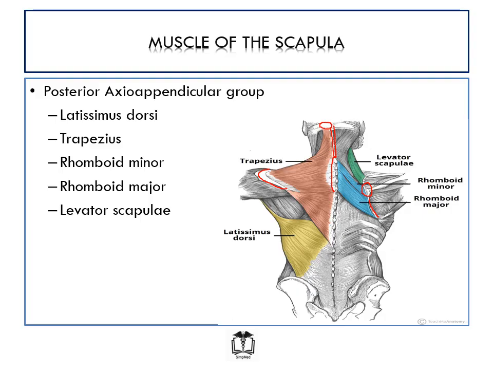And finally, we have the levator scapulae muscle, the muscle here in green. The levator scapulae muscle originates from the posterior tubercle of the transverse processes of the first down to the fourth cervical vertebrae. It inserts at the medial border of the scapula above the root. So you can see as the rhomboid minor inserts at the root, the rhomboid major inserts below the root, the levator scapulae inserts above the root, but all on the medial border of the scapula.